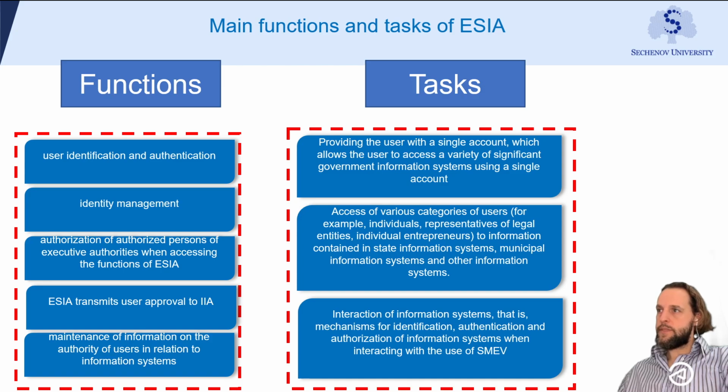Functions of the system are to identify and authenticate user, identify how this information will be used, authorize access, and users will have a single account in all the systems, starting with local hospital and, for example, tax collection office, and so on.